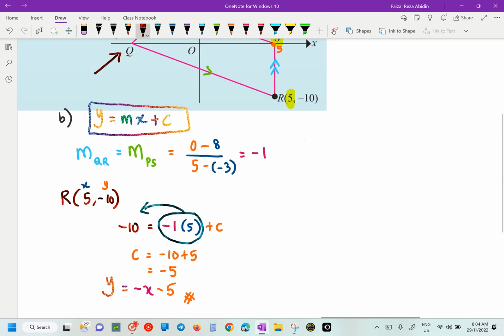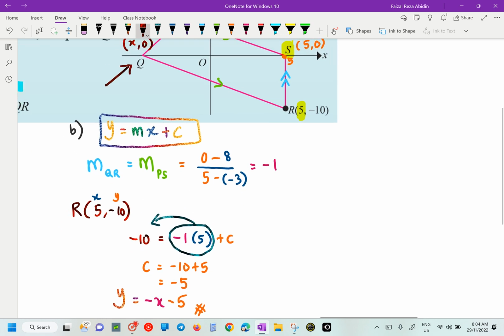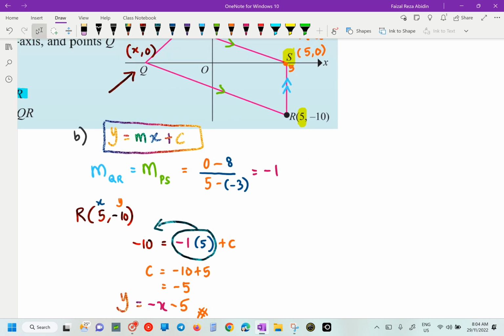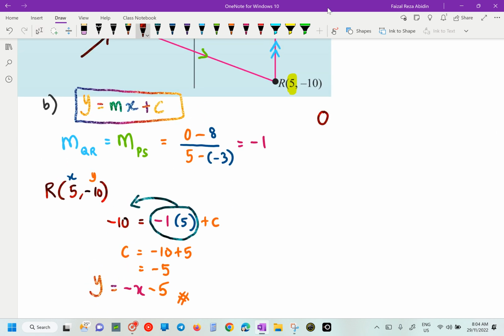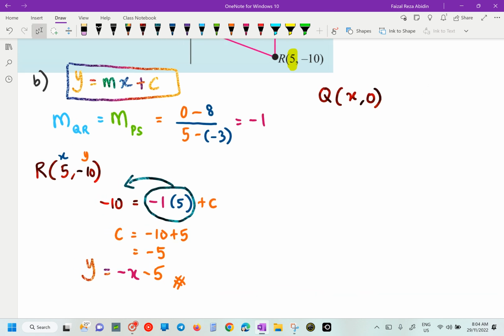So you already have the equation of straight line just now, y equals negative x minus 5. For our Q, we didn't have the coordinate, so we put (x, 0) and substitute into y equals negative x minus 5. So x is x, y is 0. So 0 equals negative x minus 5.